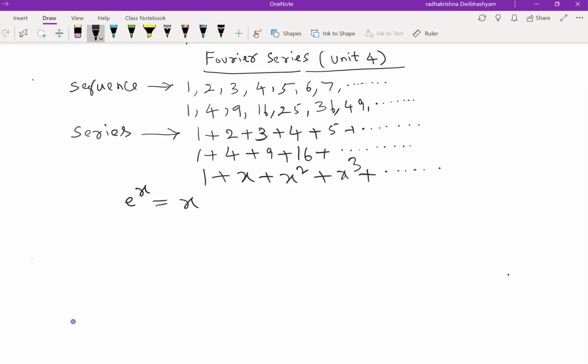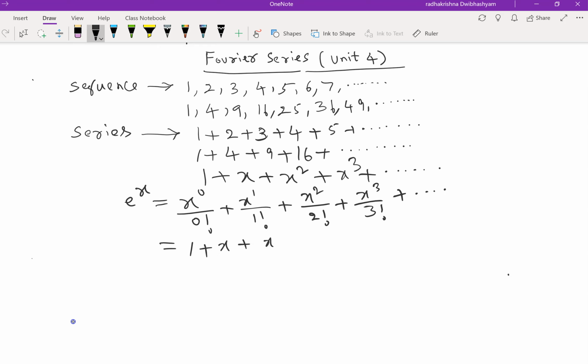Here you can write e power x as x power 0 by 0 factorial plus x power 1 by 1 factorial plus x square by 2 factorial plus x cube by 3 factorial plus so on. That means this is equal to 1 plus x plus x square by 2 factorial plus x cube by 3 factorial plus so on. What is this? This is the expansion of the function e power x.